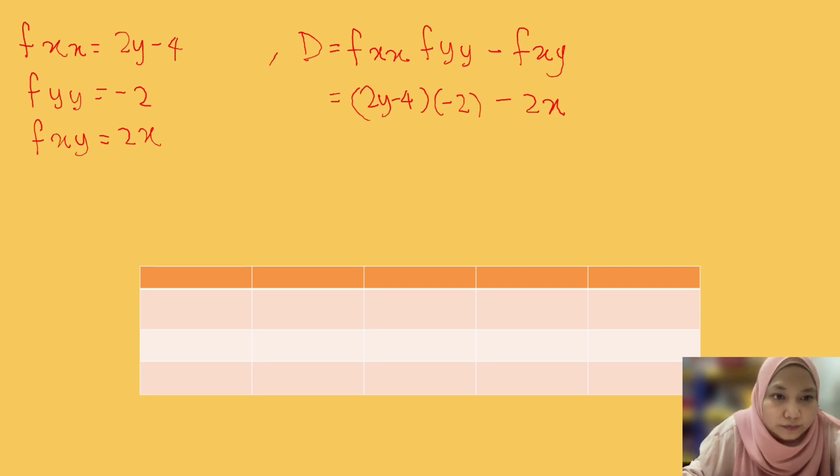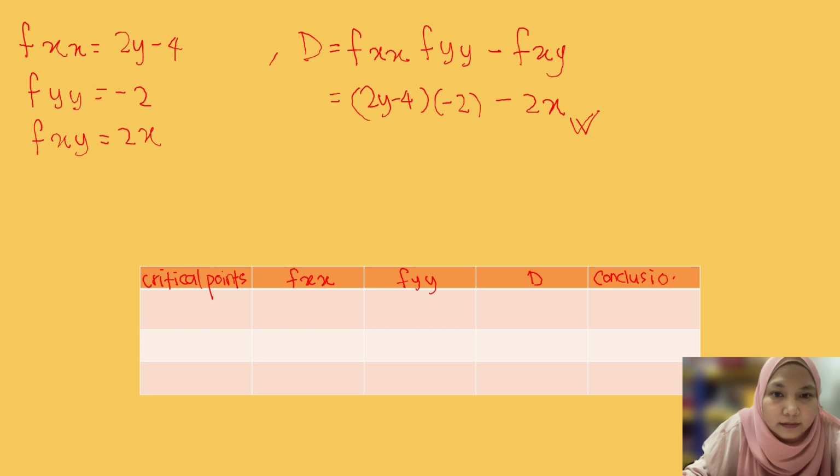So we put our critical points here, then the value of our fxx, the value of our fyy, for each critical point, here is our value of D, here is the formula for D, and then here is the conclusion.